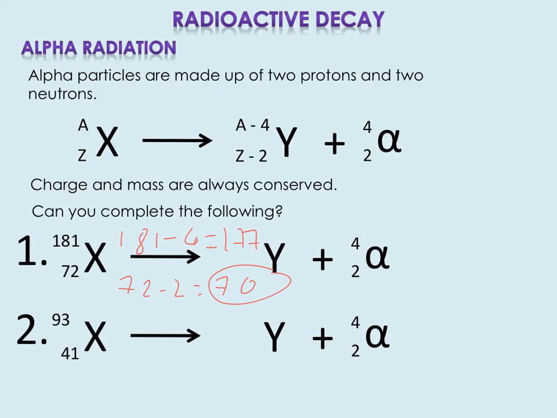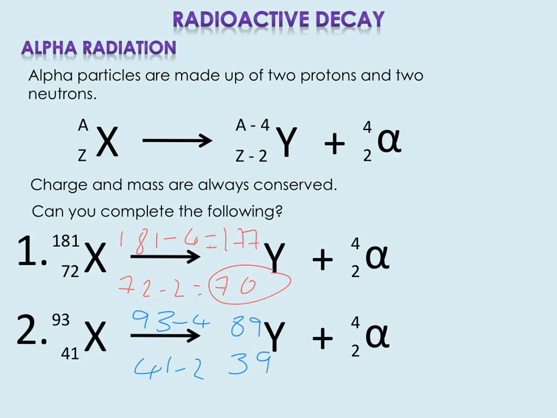In example 2, our atom that began as X 41 93, we do the same thing, so our 41 is going to decrease by 2, so 41 minus 2 will give us 39, and our 93 will decrease by 4, which will give us 89. That's our correct answer there.